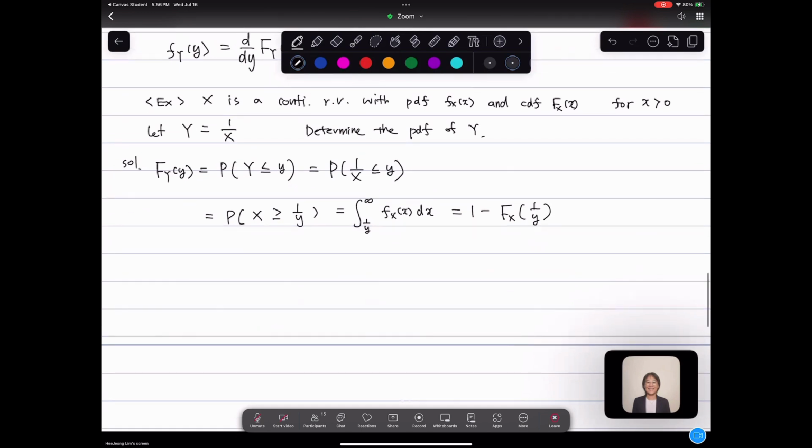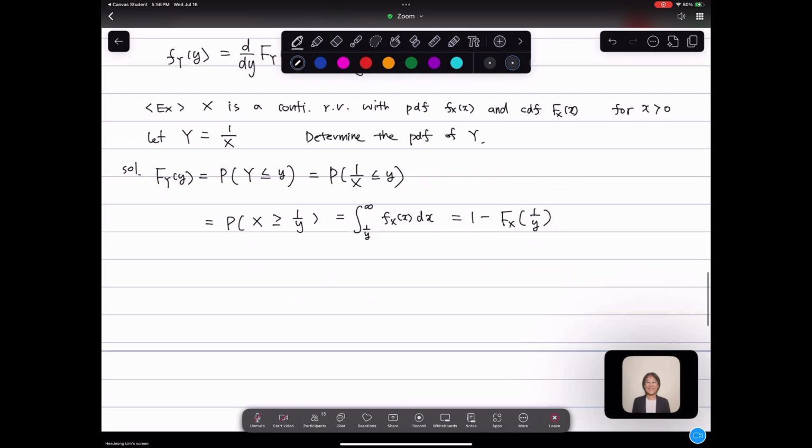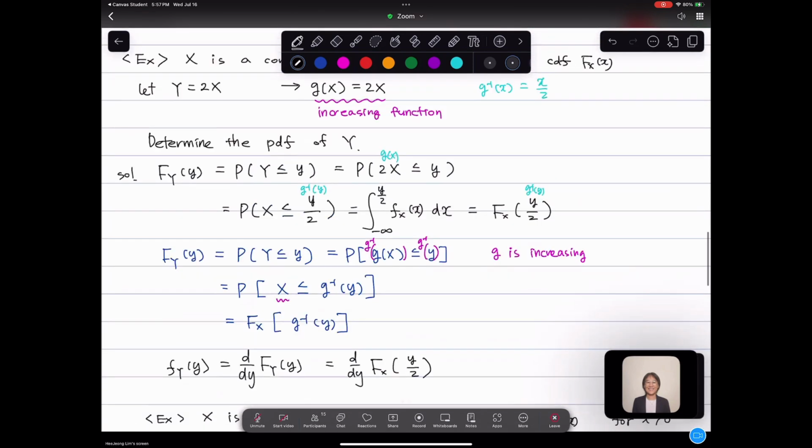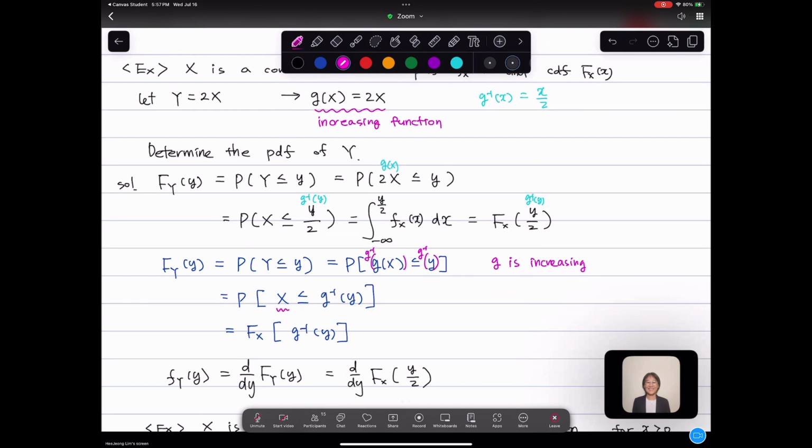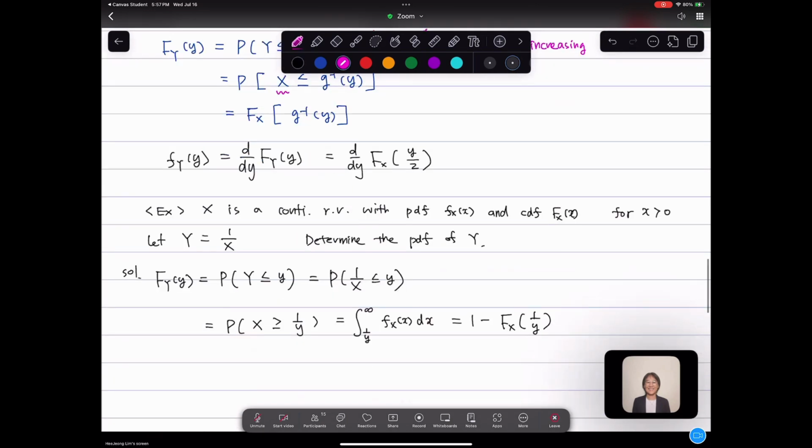So I want to make it a little gentler. I have this function 1 over X. In the example up here, your g of x was an increasing function. Now in this example, let me bring it down.